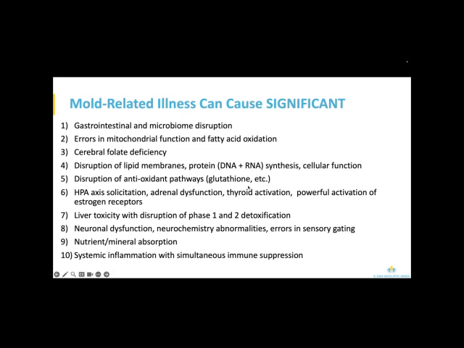So on one hand, you get activation of the HPA axis, you get activation of the thyroid axis with TRH and TSH simultaneously because mitochondrial function is needed for hormone production. You get weird abnormalities in the adrenal glands. And it's not just cortisol, but testosterone production and estrogen production get wonky.